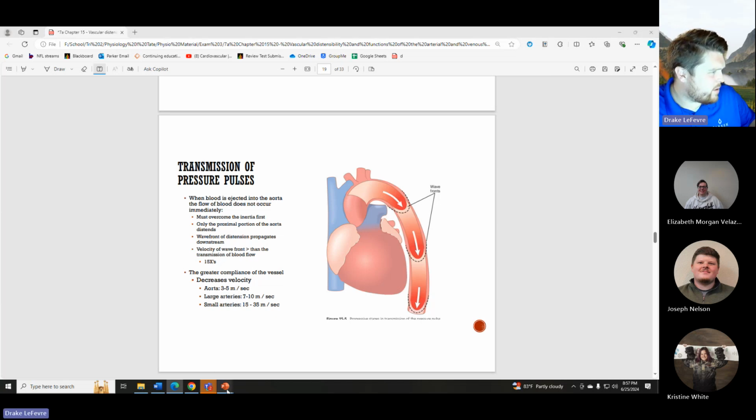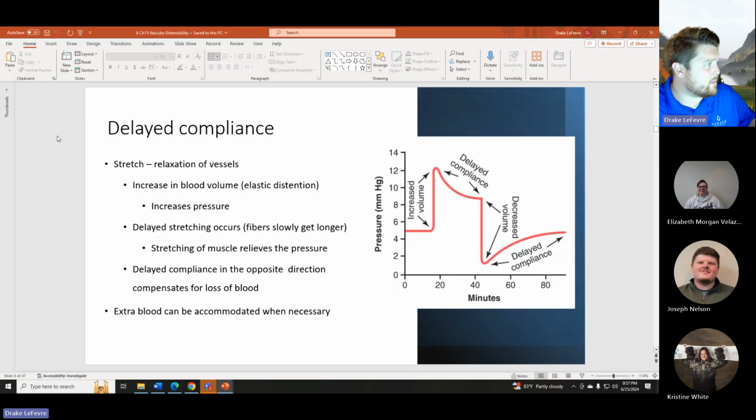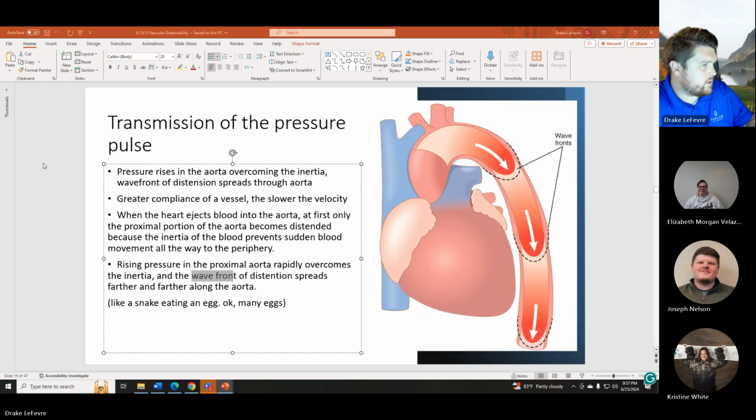I don't remember learning anything about wavefronts. Let me take a look. Oh yeah, I did at some point. I don't remember this at all. Well, let's look. Pressure rises in the aorta, overcoming the inertia.